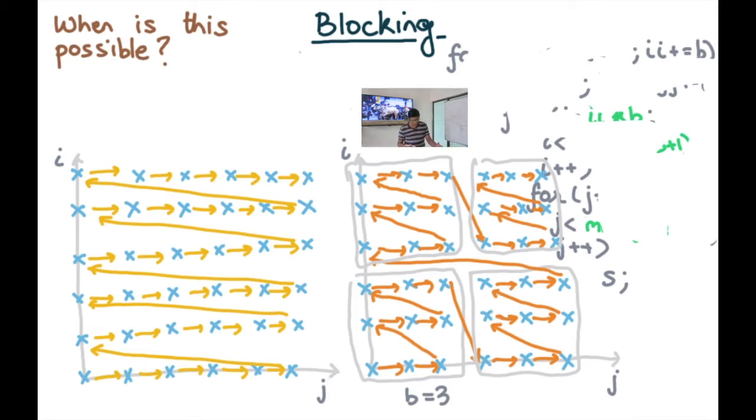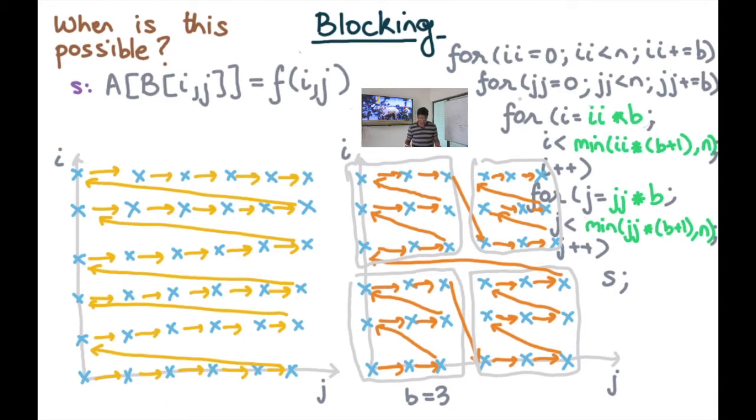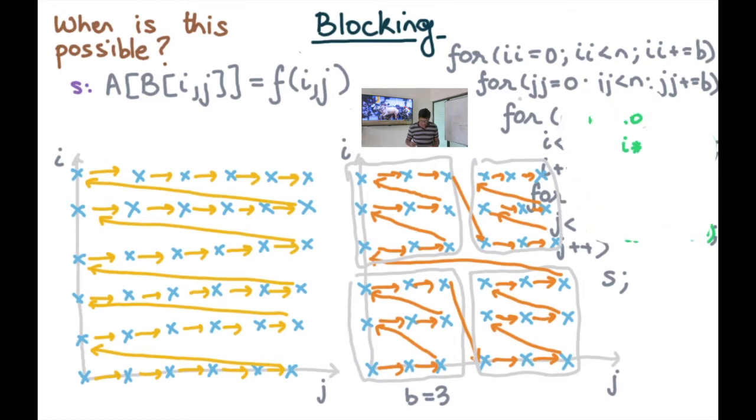And here's an example where it is actually not possible, if there were lots of dependency edges. In this particular example, I assume that S is writing to A of B of i comma j.